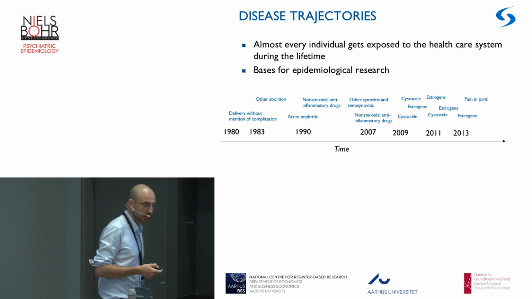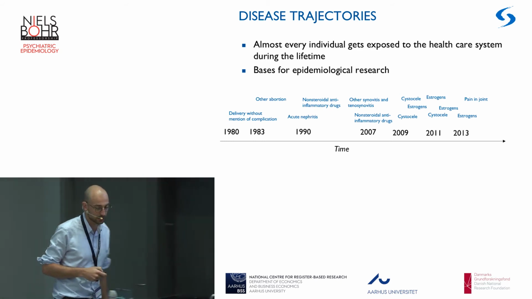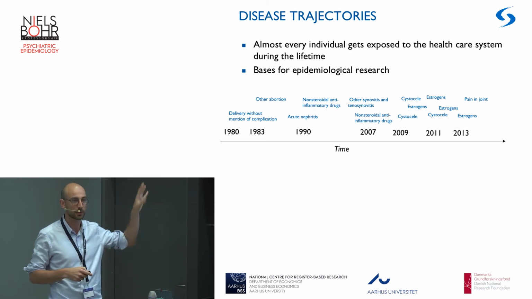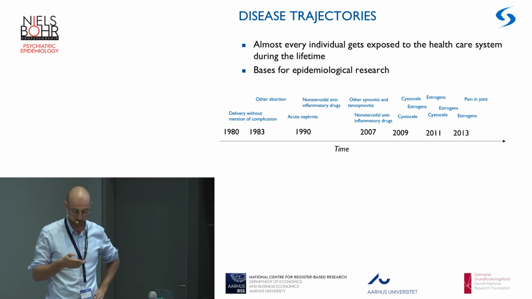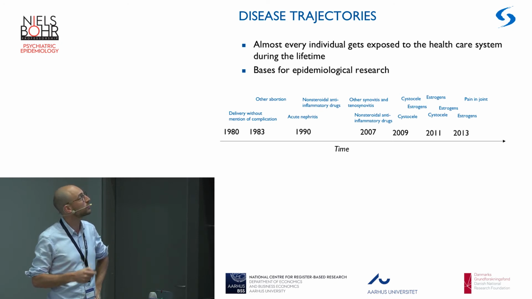Okay, the last thing is about disease trajectories, and the reason why I want to talk about that is because I'm also going to show you a data visualization tool about that, but it's also because this is something I hope to work on in the next few years. Almost every individual gets exposed to the healthcare system during their lifetime, and this is really the base for epidemiological research.